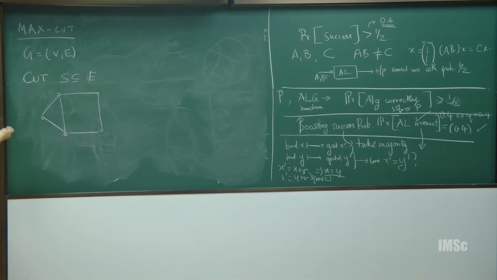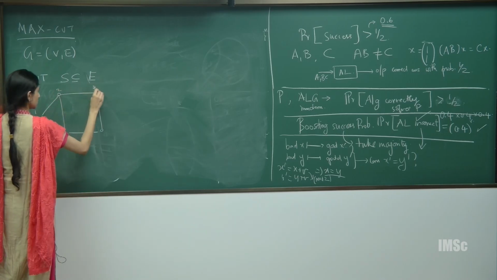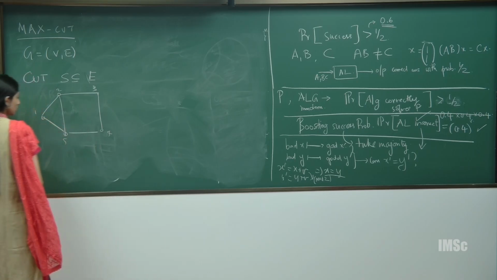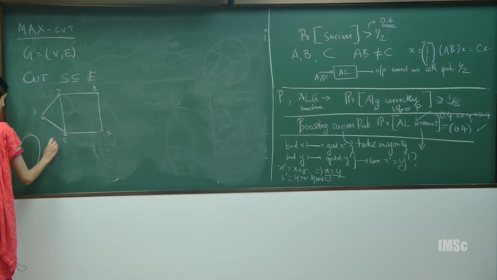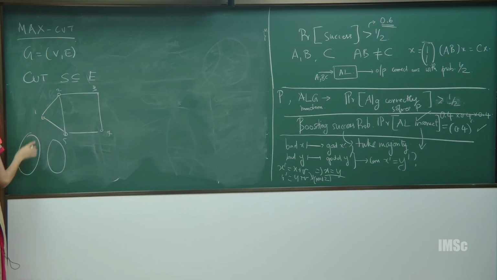So you have a graph here, some graph that I've drawn. So I'm going to take two bags. I'm going to put some vertices in this bag and some vertices in this bag, and I'm going to count the number of edges that go across. So this usually you may see in networks, right? If there are many edges that go across, then there is high fault tolerance, kind of, right?